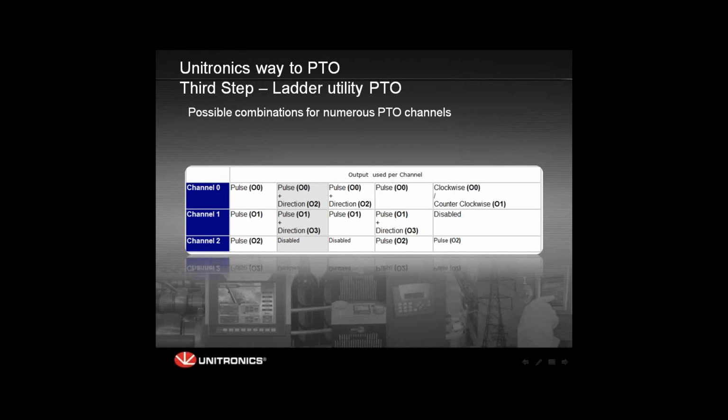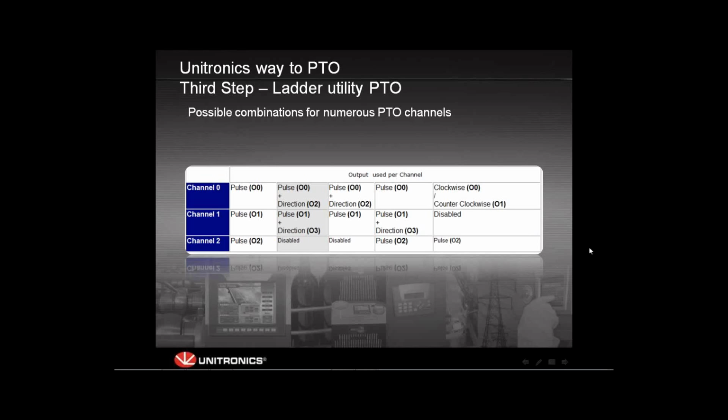Okay, I'm going back to the three channels. We said that they can contain either pulse and direction, or one output for clockwise and a second output for counterclockwise. But there is a certain combination available for the three channels, because not all three channels can be defined to do all three possibilities.